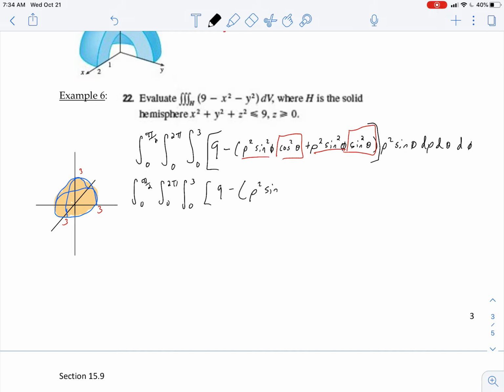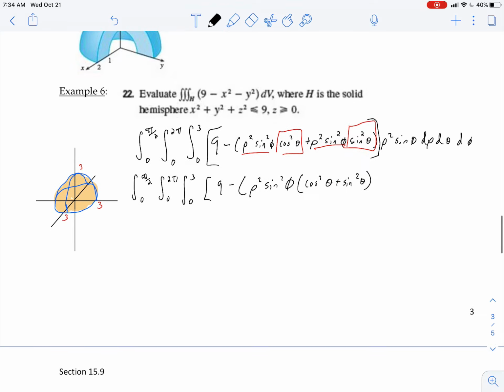So I'm going to have 9 minus rho squared sine squared phi. I'm just going to show you that and then erase it. I'm going to pull that out, and I'm going to be left with cosine squared theta plus sine squared theta.